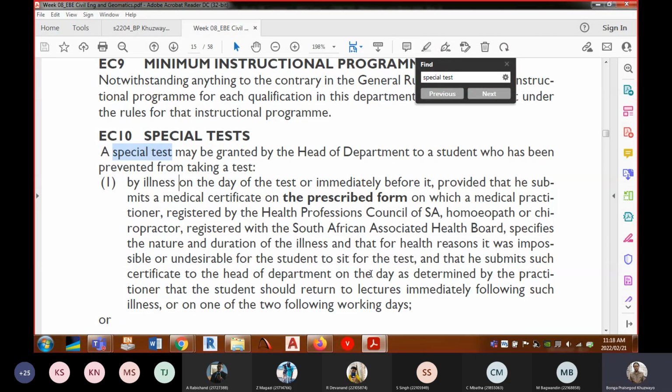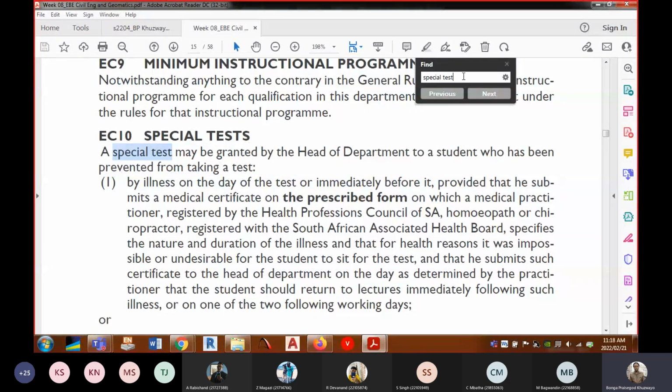And when you come back on campus, you obviously make copies, but you submit the original certificate to Pauline Steele. So you'll submit it to our secretary, and she will ask you which test you missed.